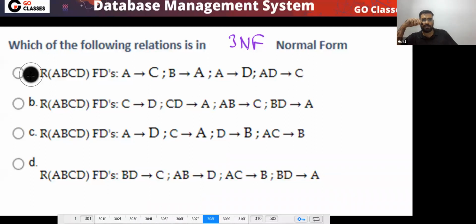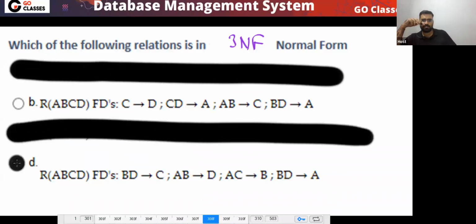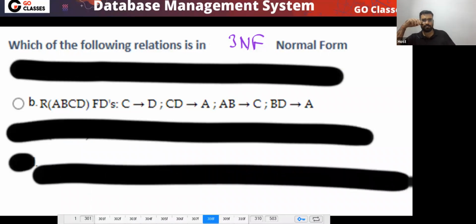Tell me about option B. What about option B? What are the candidate keys for option B? So I think AB is the candidate key.